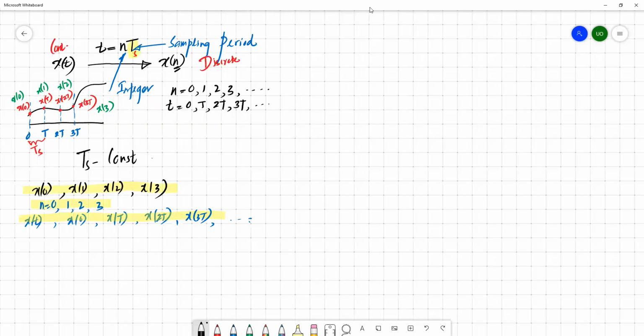The next thing: for example, you have a simple signal, cos(2πFt + θ). Here F is the frequency in the continuous domain.